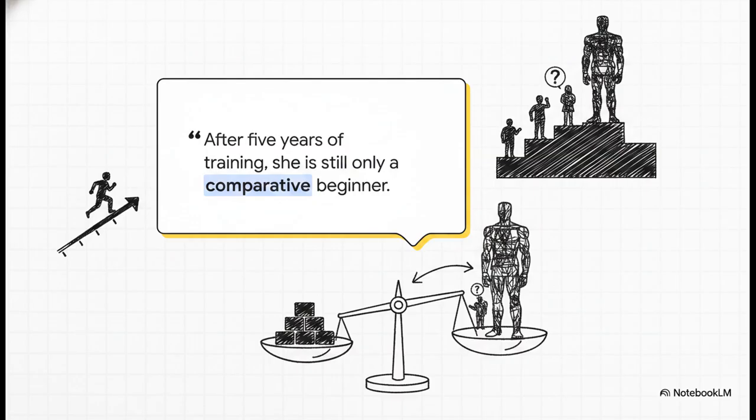After 5 years of training, she is still only a comparative beginner. 5 years is a really long time. How on earth can she still be a beginner? Well, a comparative beginner is only a beginner when measured against a specific group. Maybe she's being compared to the absolute world-class experts in her field. Judged by comparing, she is still just a beginner even with 5 whole years under her belt.